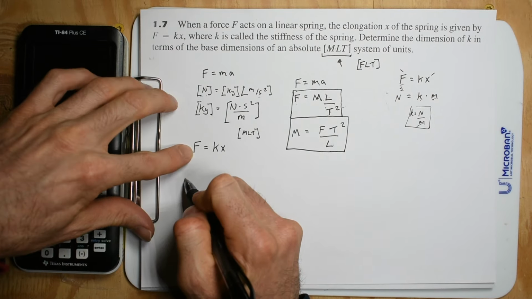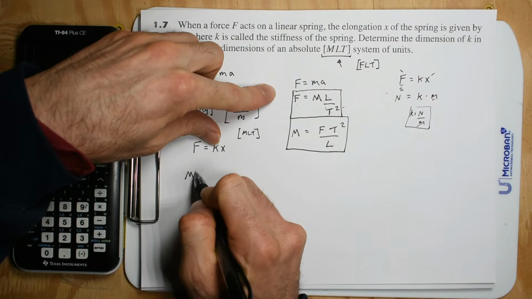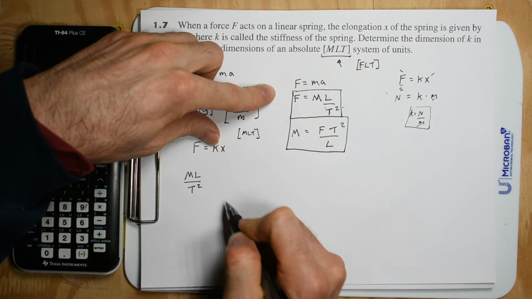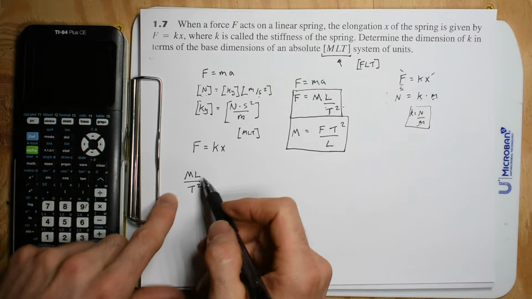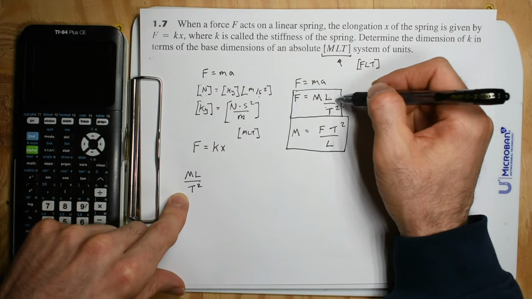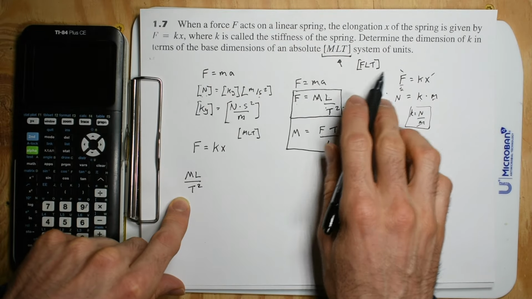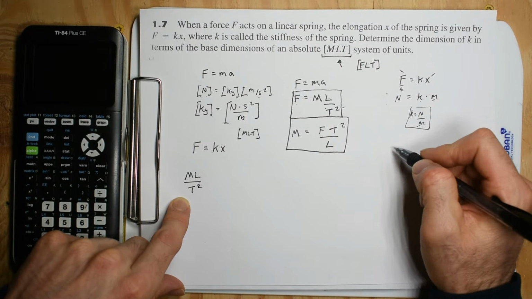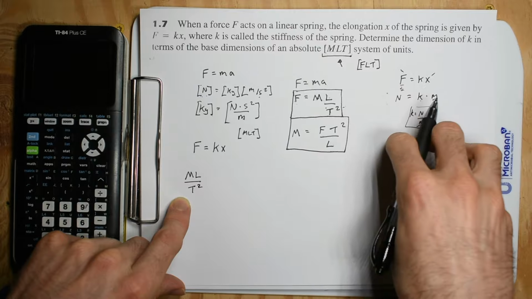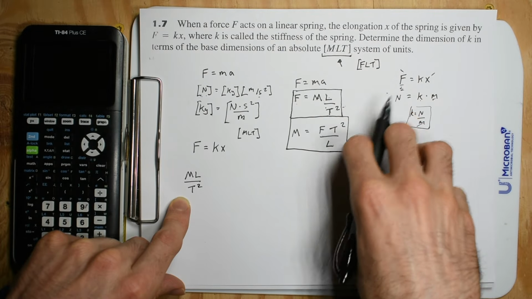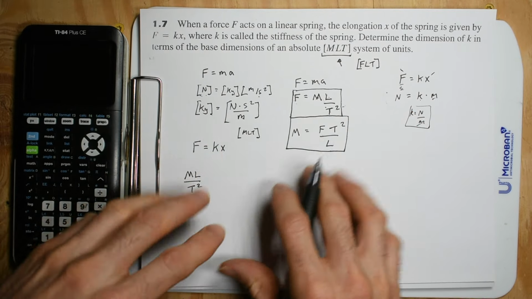So for F, we're going to type that in: M L over T squared. At this point, I'm just typing in letters. I don't like the MLT and the FLT system. I just say, hey, just use the SI units or the US customary units because it'll make more sense.